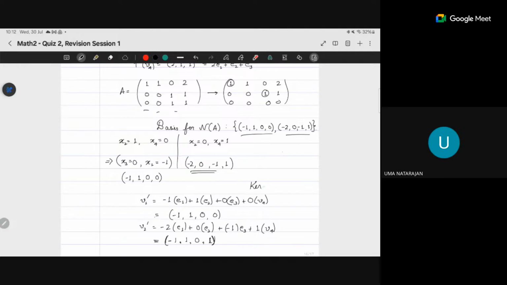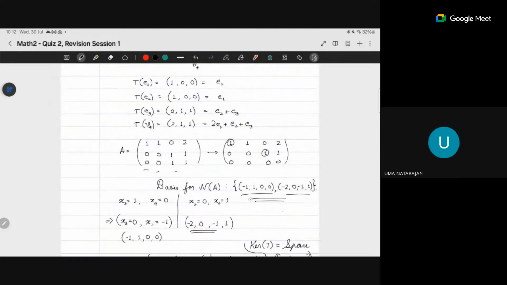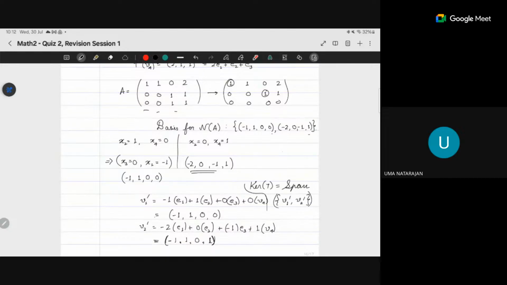Kernel of T is the span of V1 prime and V2 prime. So here you have a basis. You recover the vectors, and they will be a basis for the kernel. So the kernel itself will be linear combinations of these.